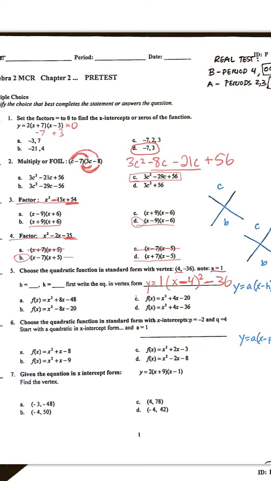So I'll make some notes. You can add this to your sheet too. Change first sign. But we want the vertex to be at 4, negative 36, and they also want us to convert to standard form, so we will have to FOIL out.